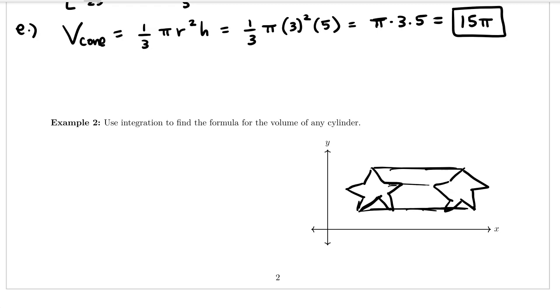And so I want to find the volume of this thing, and suppose that it's just floating between x equals a and x equals b. So the volume of this shape is going to be the definite integral from a to b.